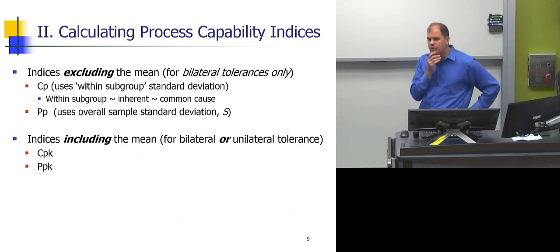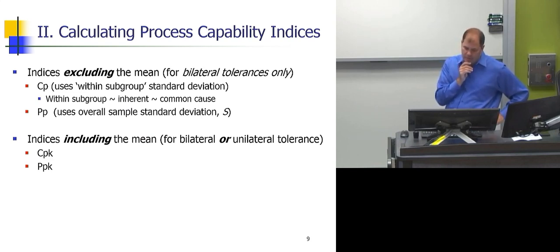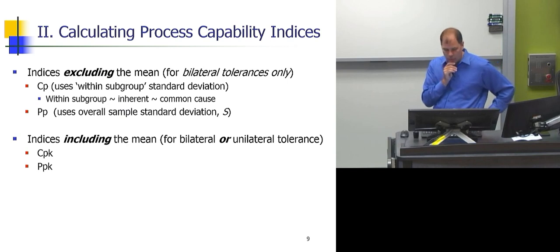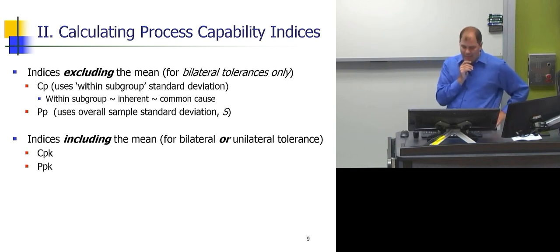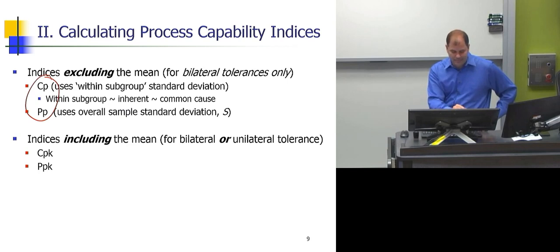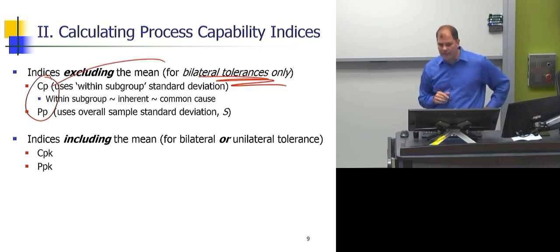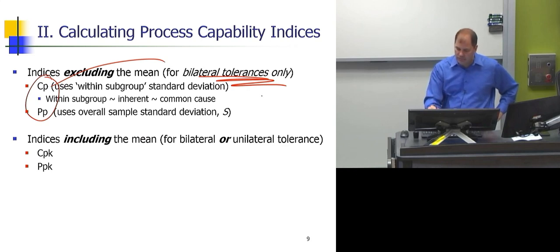All right, let's now move to the formulas. Again, CP is going to use the within subgroup. PP is going to use the overall. When we include the mean, we will use CPK and PPK. One more thing, CP and PP, you can only use these if you have a bilateral tolerance.